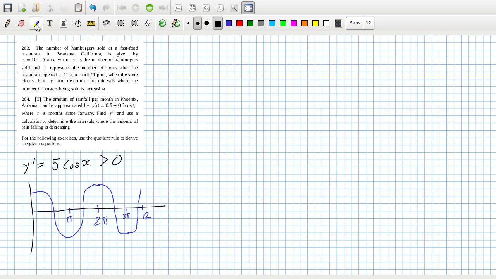So it's positive 0 to pi over 2. And then here to here. And then here to the end.